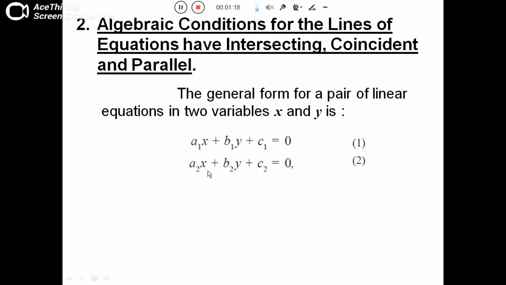In equation number 2, a2 is the coefficient of x, b2 is the coefficient of y, and c2 is the constant term. Here a1, b1 and c1 are real numbers of equation number 1, and a2, b2 and c2 denote the coefficients of equation number 2.